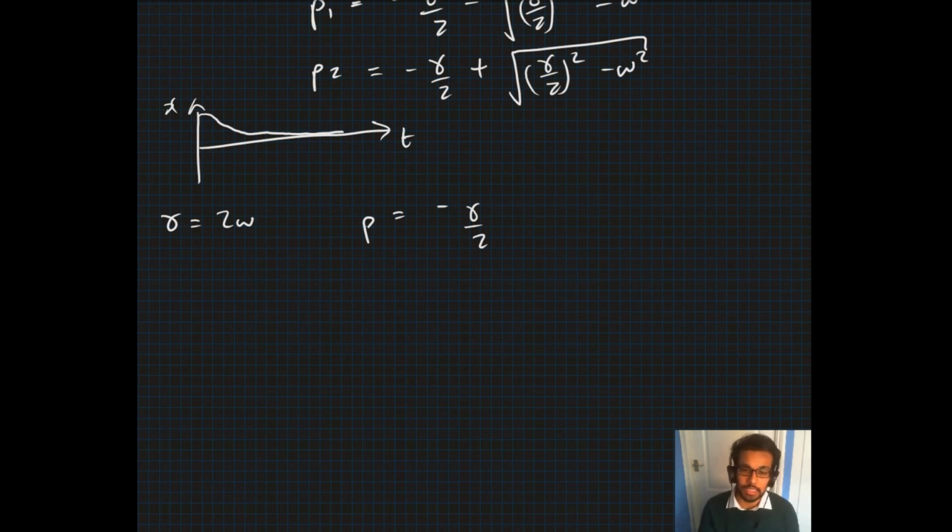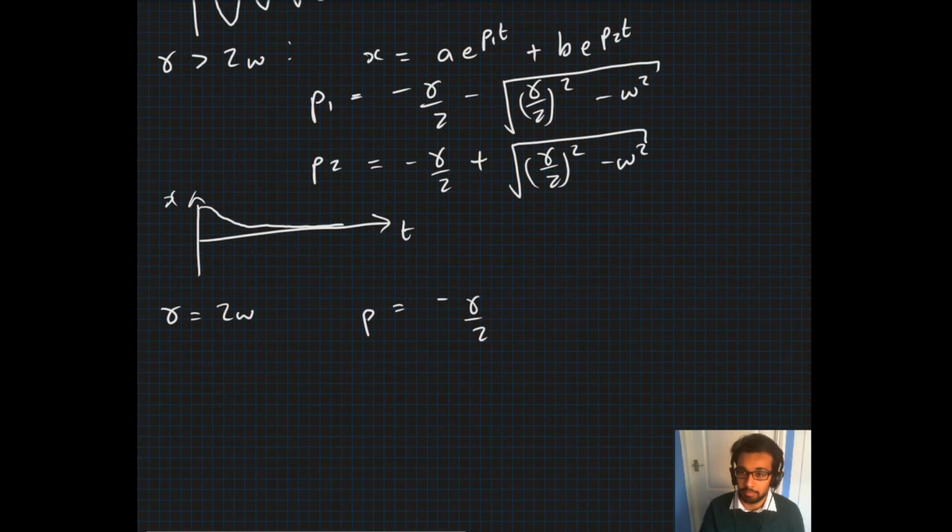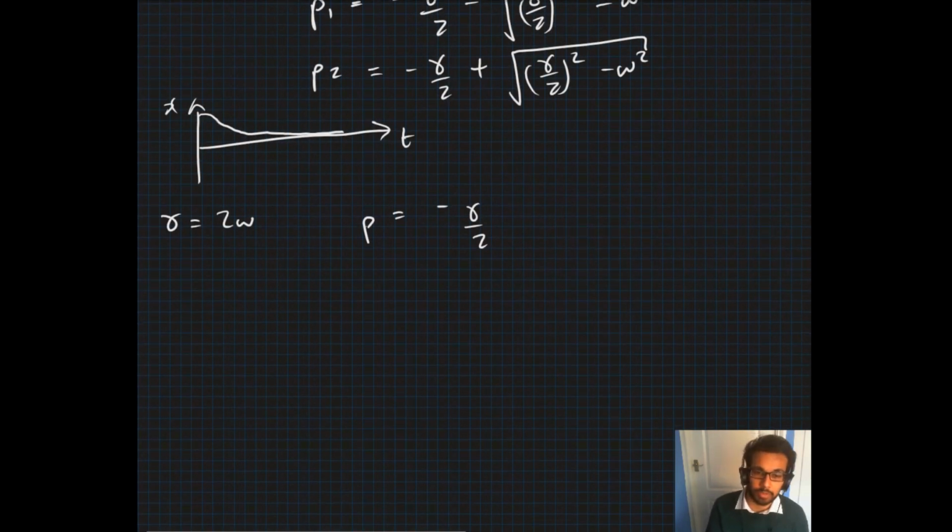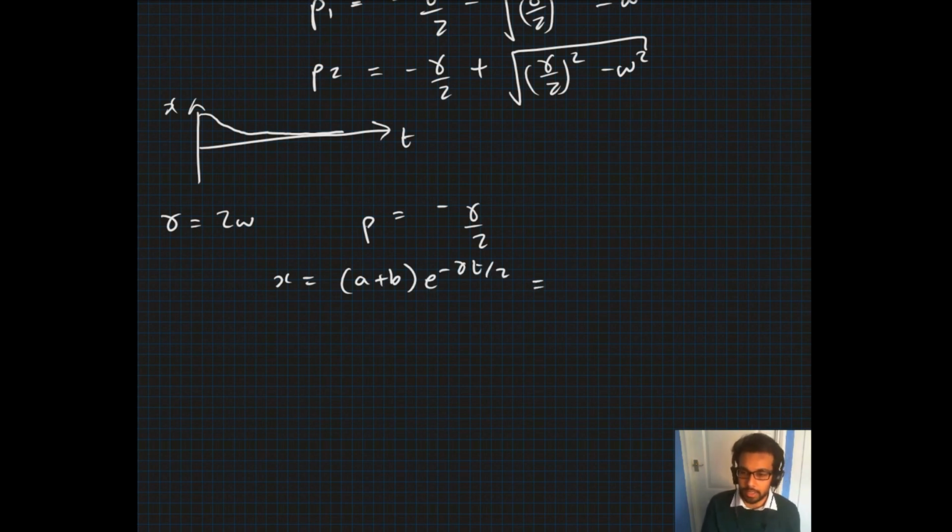So mathematically, if we take the heavy damping case and set p1 equal to p2, which equals minus gamma over 2, we would end up with x equals a plus b times e to the minus gamma t over 2, and then just combining this a and b into one single constant, we can write that as a prime e to the minus gamma t over 2.